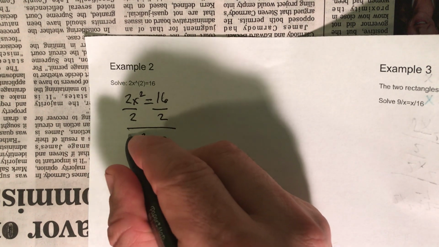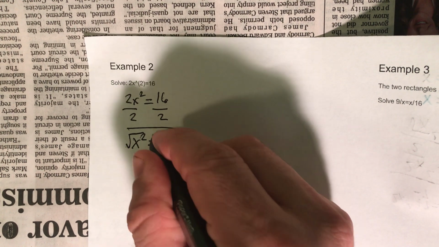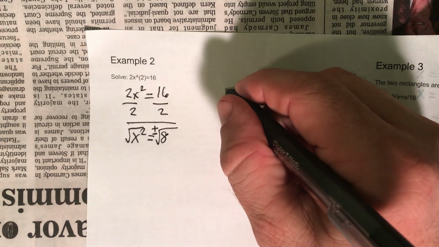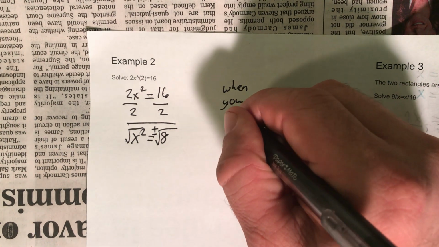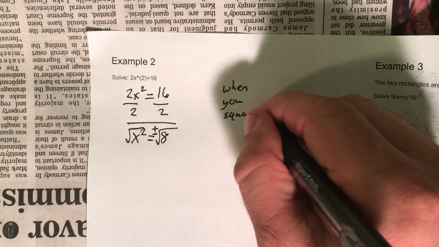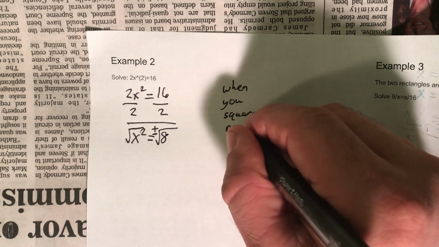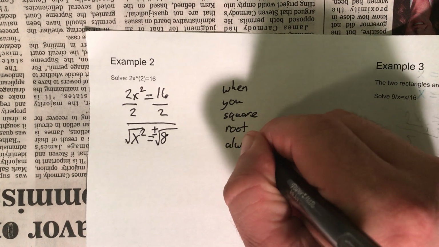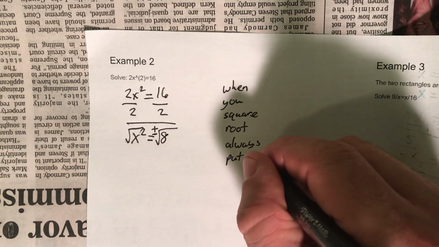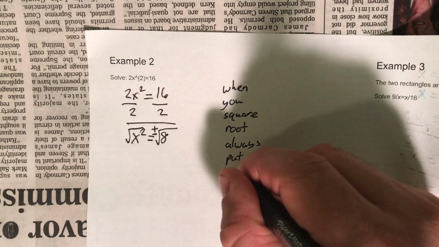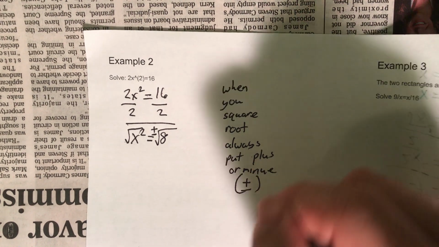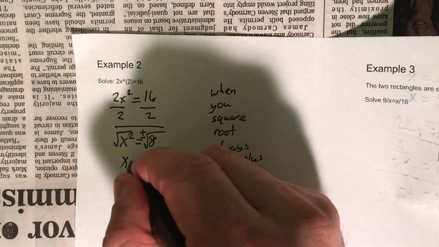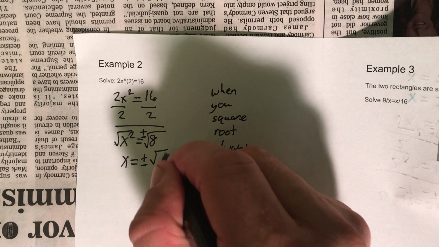Okay, square root both sides, so you have the plus or minus, and so we have x equals plus or minus the square root of 8.